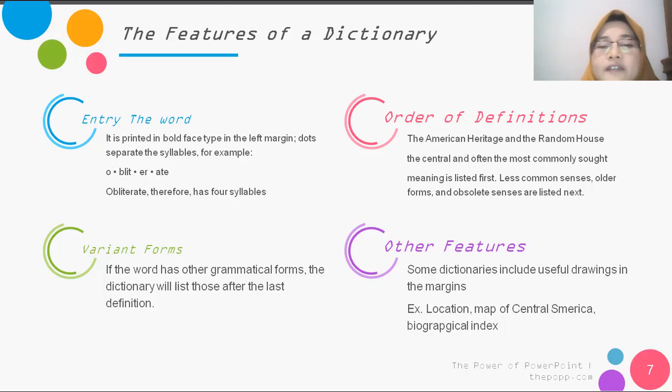And then other features, some dictionaries include useful drawings in the margin. For example, drawings, locations, a map of Central America, or a biographical index. It depends on the dictionary.